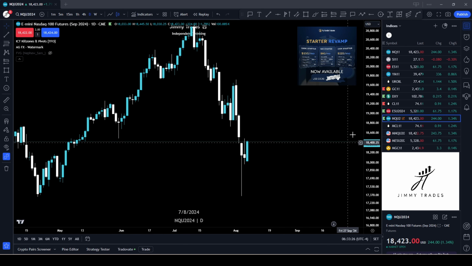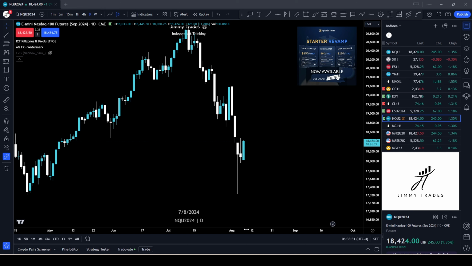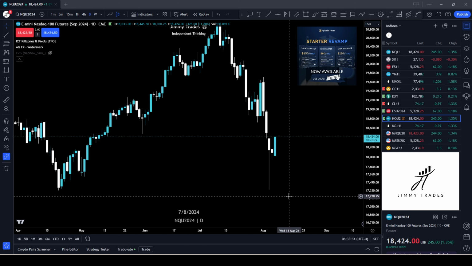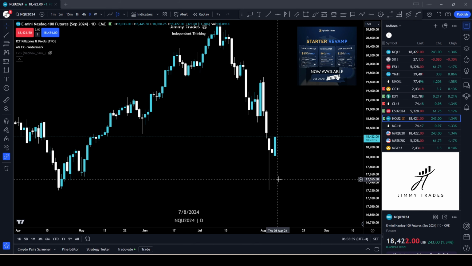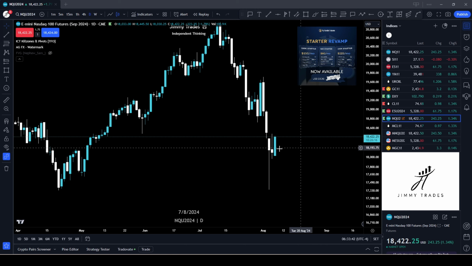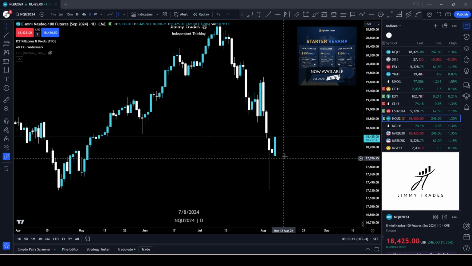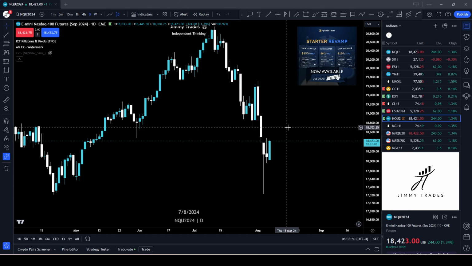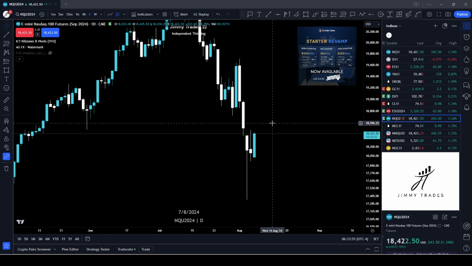First, I wanted to start with just a quick discussion on bias. For those of you who follow me or follow Ash, you would have seen yesterday that we had opposing views on bias. Ash's idea was that we were moving lower, whereas my idea was that we're moving higher. I'm just going to reference NQ. Now, bias is used to frame an idea. There's no right or wrong here.